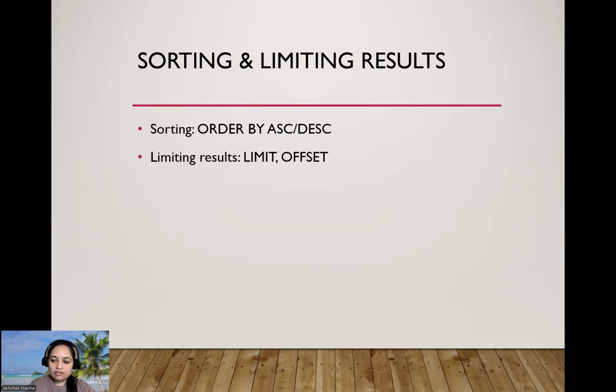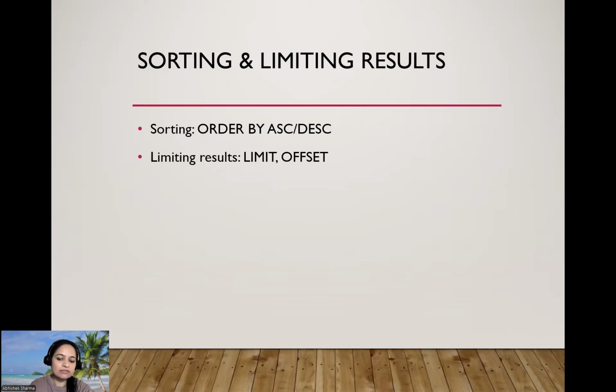Then I will write the query SELECT * FROM products WHERE, any condition, like category electronics or clothing. And next to that you can put LIMIT 10 OFFSET 0. Then it will get the first 10 records.